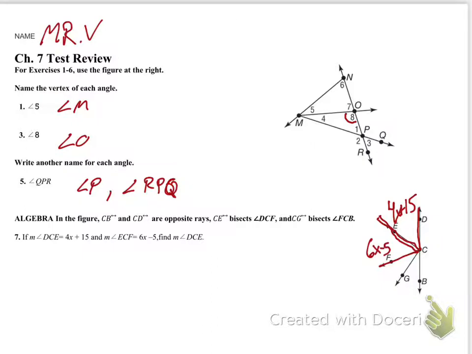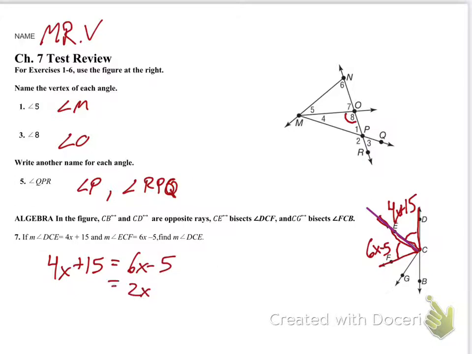We gotta find DCE. So remember how I said before that this angle has to be equal to this angle because of this angle bisector here right in the middle. So what I would need to do is just set these two equal and then solve for x and plug it back in. So it'd be 4x plus 15 is equal to 6x minus 5.